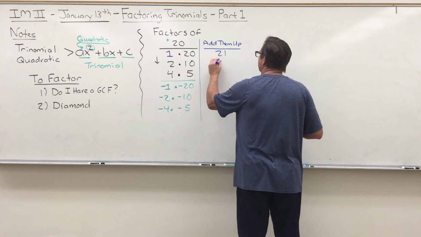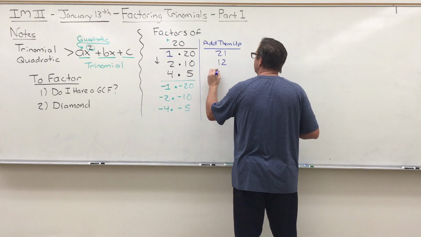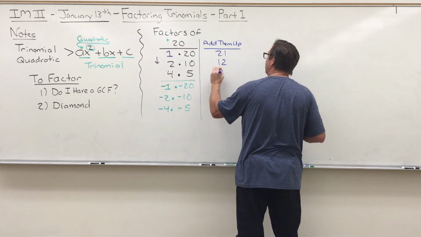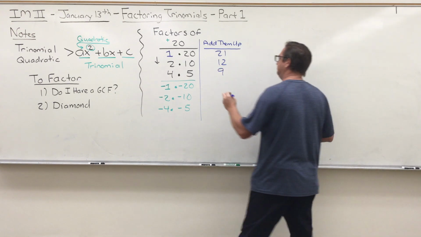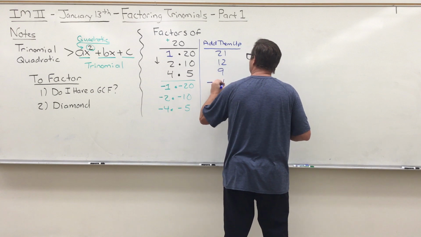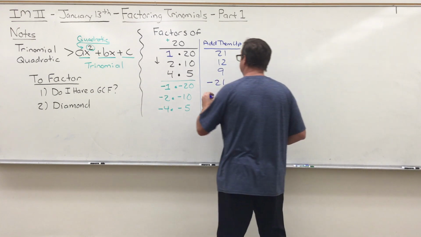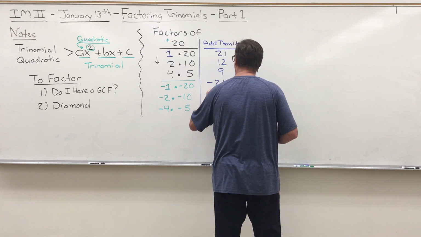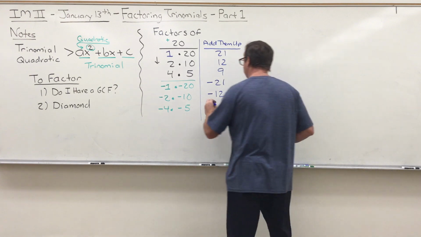2 plus 10 is 12. 4 times 5, excuse me, 4 plus 5 is 9. Negative 1 and negative 20 is negative 21. Add those together, we get negative 12.